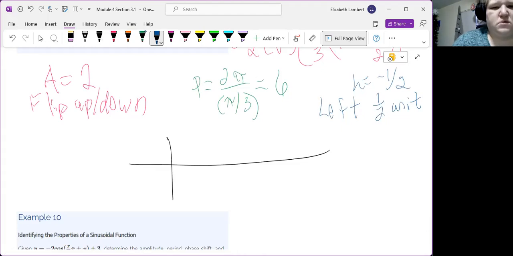So negative 1/2. There's our left half from 0. Now I need to go 6 units bigger than that. So negative 1/2 plus 6 is 12 halves.